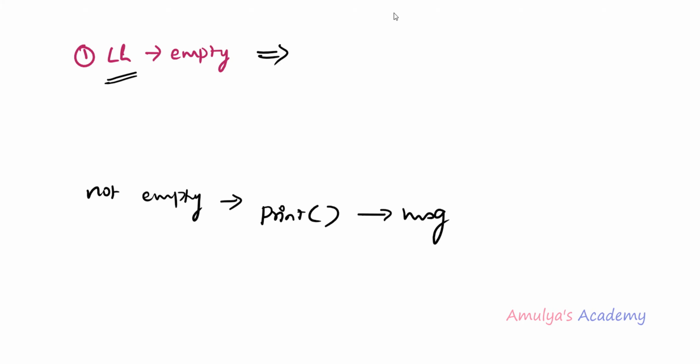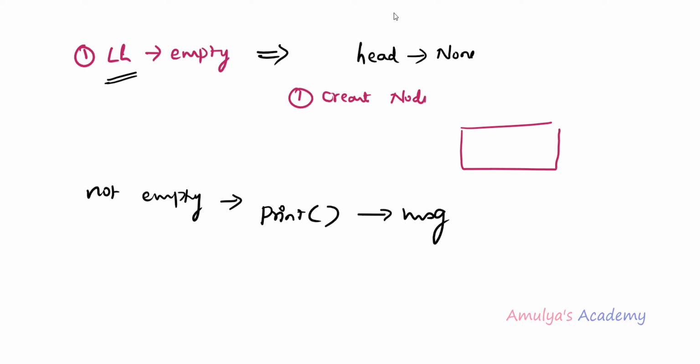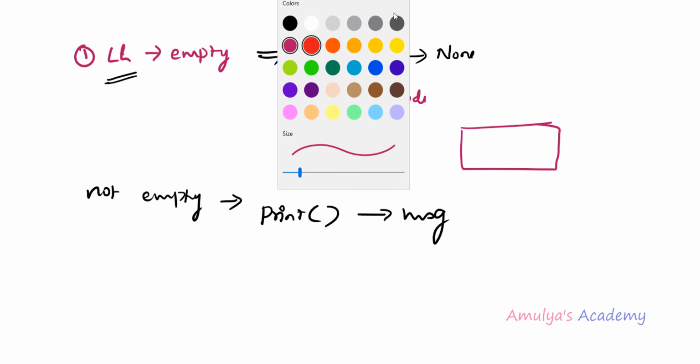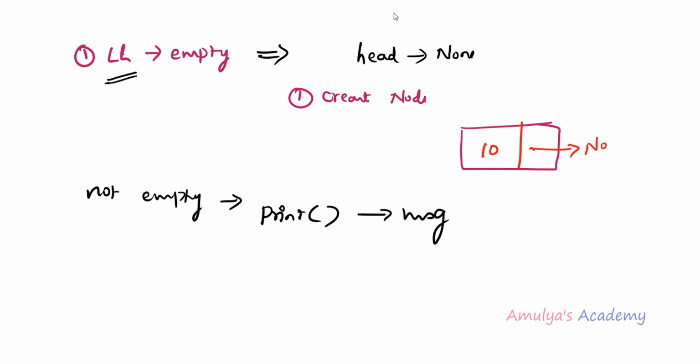If it is empty, that means head is pointing to None. So the first step is to create the node. Now the linked list doesn't contain any node, so create a node. And the second step is you need to point head to the new node. Store the reference of the new node in the head.